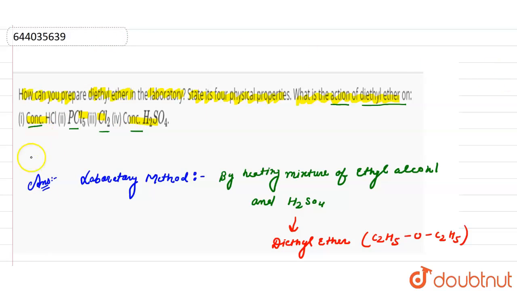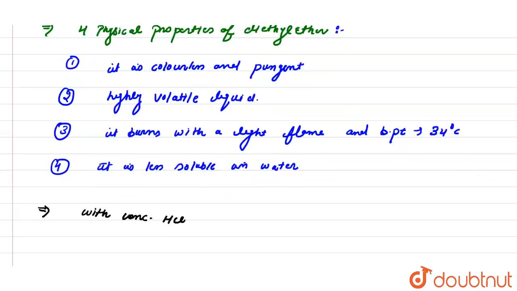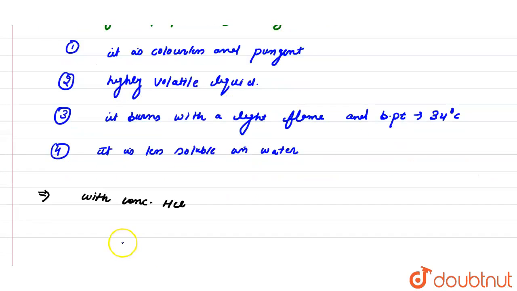First we see the reaction of diethyl ether with concentrated HCl. The diethyl ether becomes soluble in concentrated HCl in cold condition due to the formation of a salt.